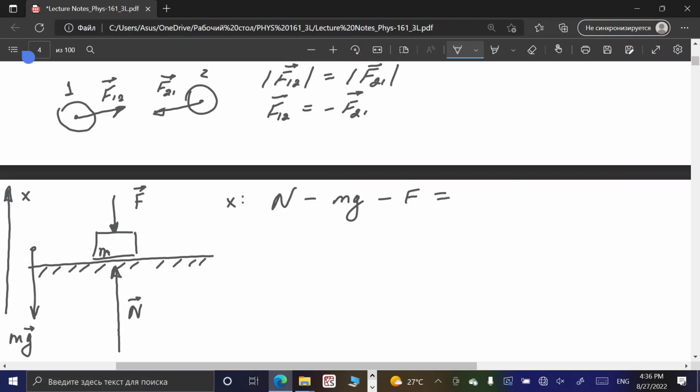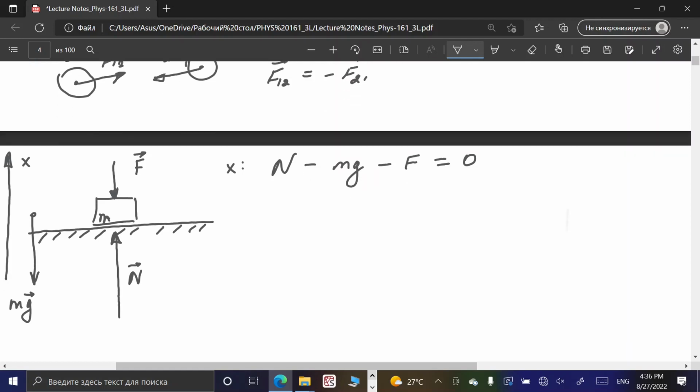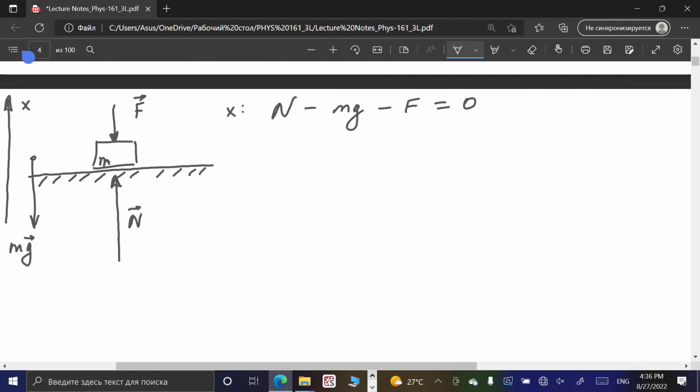This should be equal to 0, because we have stationary condition and there is no acceleration. If there is some acceleration, then on the right side of this equation we have mass of the block times acceleration. But in this case, we consider stationary condition.